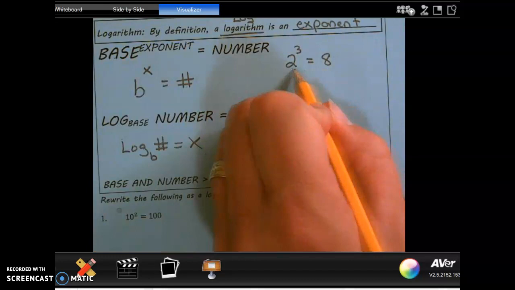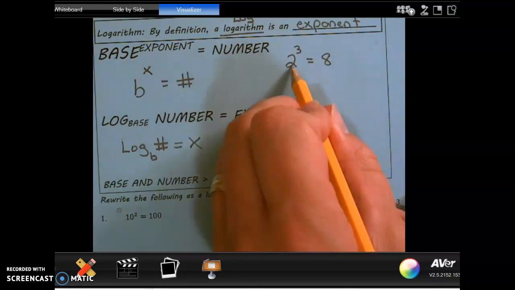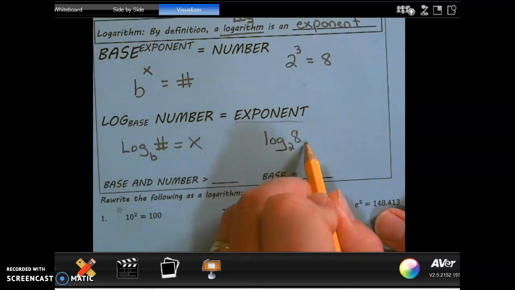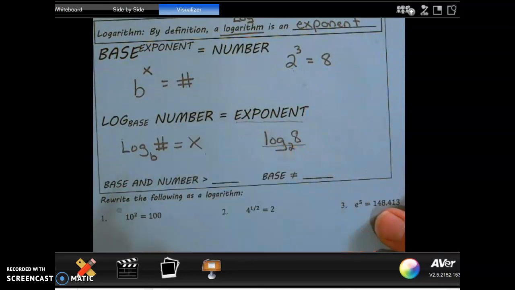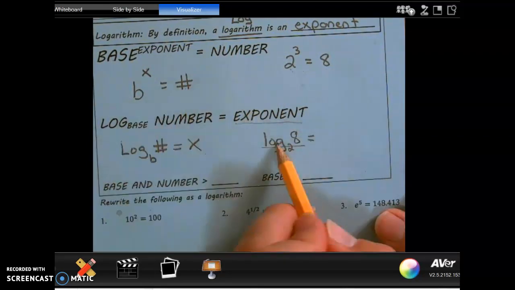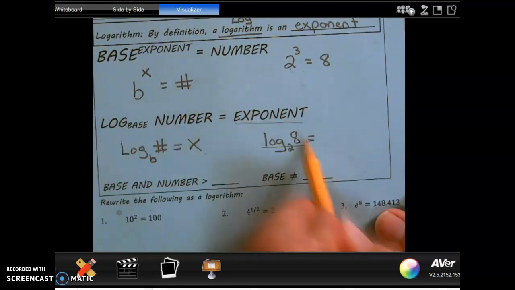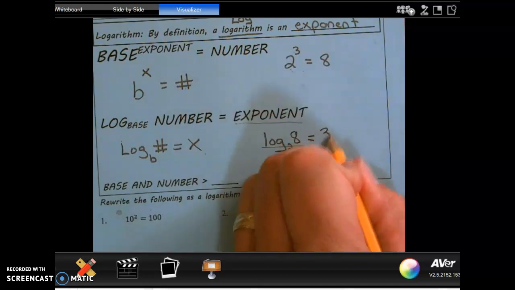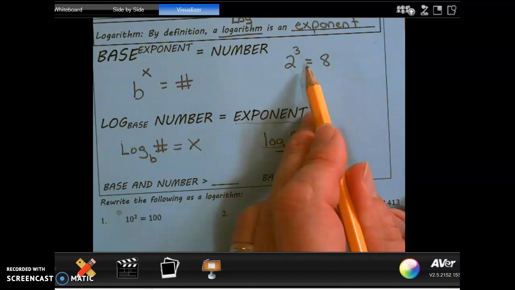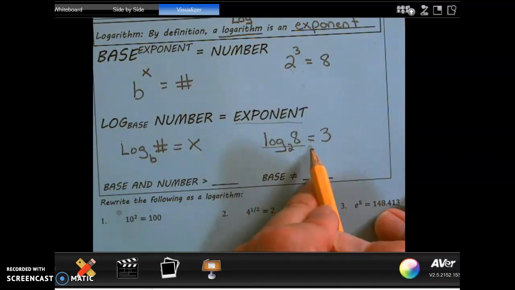So it's kind of like going around in a circle, starting with the base, then the 8 goes on the same line as the log, equals, and then remember a log is equal to an exponent, in this case 3. And that's how you change it from exponential to logarithmic form.